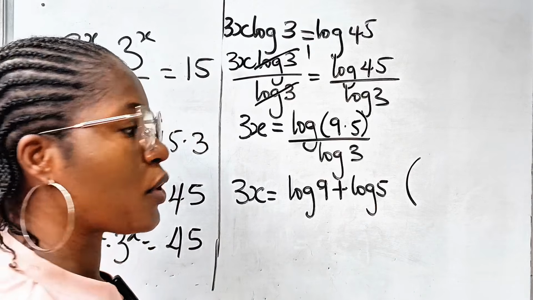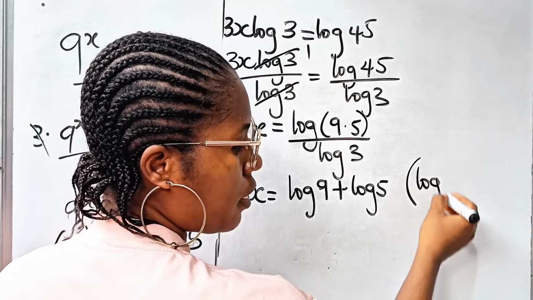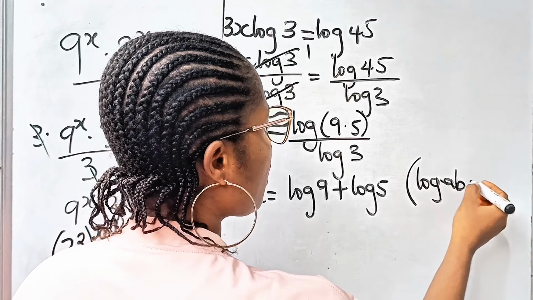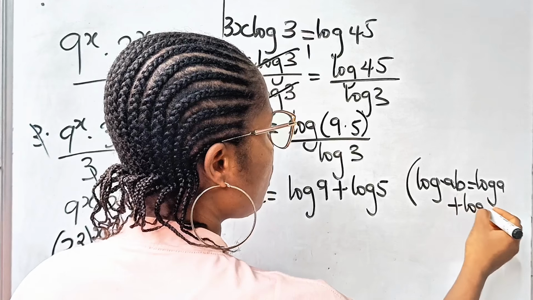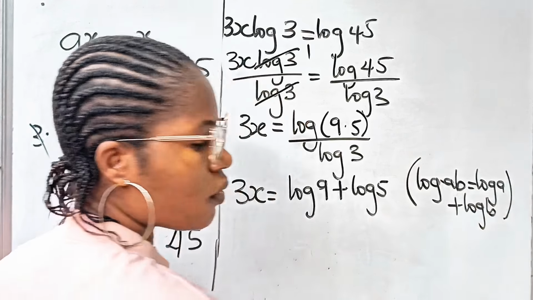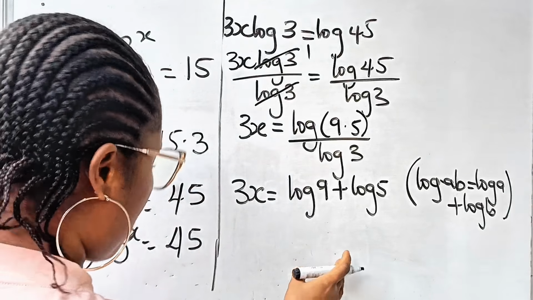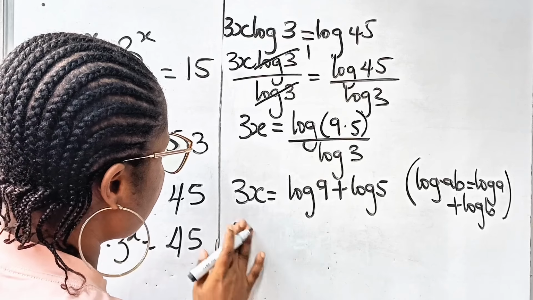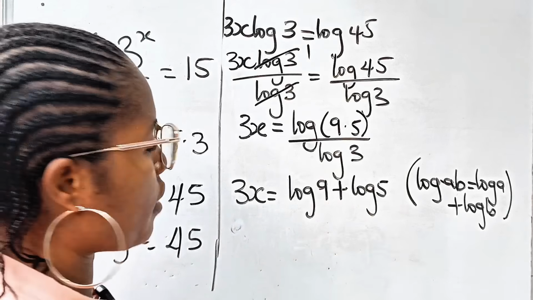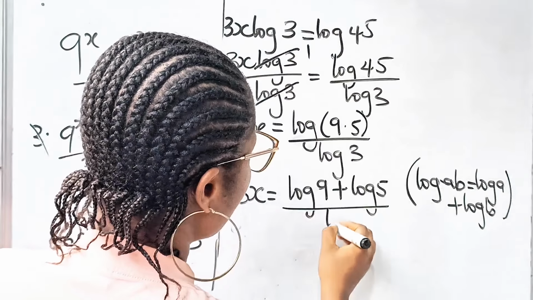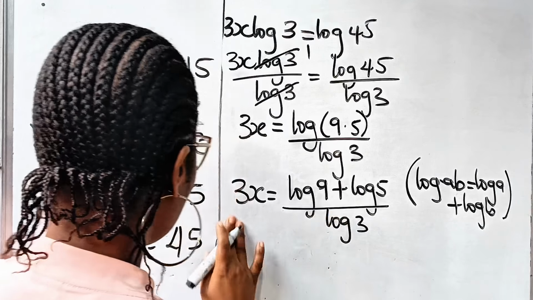Yes, that is because log AB is equal to log A plus log B. Okay? Therefore, we have 3x will be equal to log 9 plus log 5. Now, everything divided by log 3.